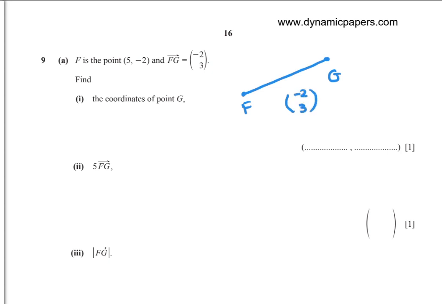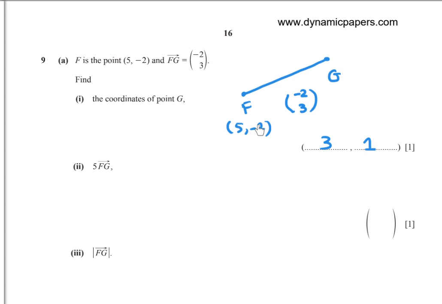So to travel from this point to that one, subtract 2 from x and add 3 for y. You have the point F is (5, negative 2), and if you need the point G, the image, so 5 minus 2 equals 3, and negative 2 plus 3 equals 1.